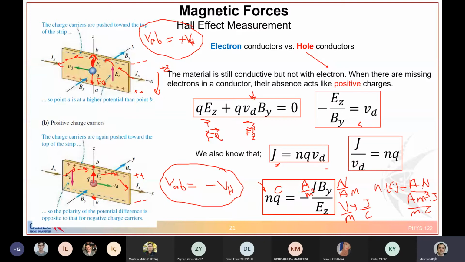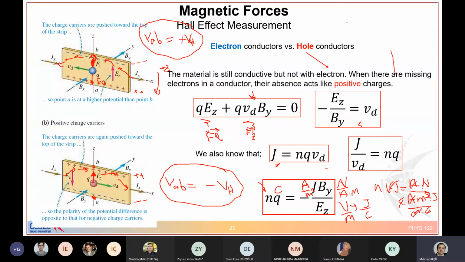And we had this coulomb, we can move it to here. So coulombs cancel out, amperes cancel out, one of the meters cancel out.